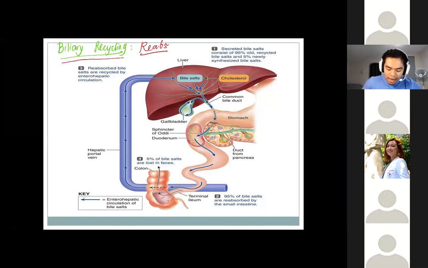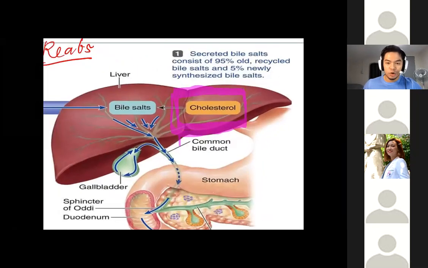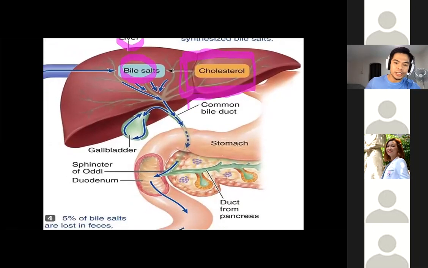Remember na ang ating raw material, tingin sa PowerPoint ha, ang ating raw material to produce bile acid ay cholesterol. And then after synthesis by the liver, mapoproduce ang bile acid or bile salts. So what happens? Usually, ang bile salts ay i-excrete.